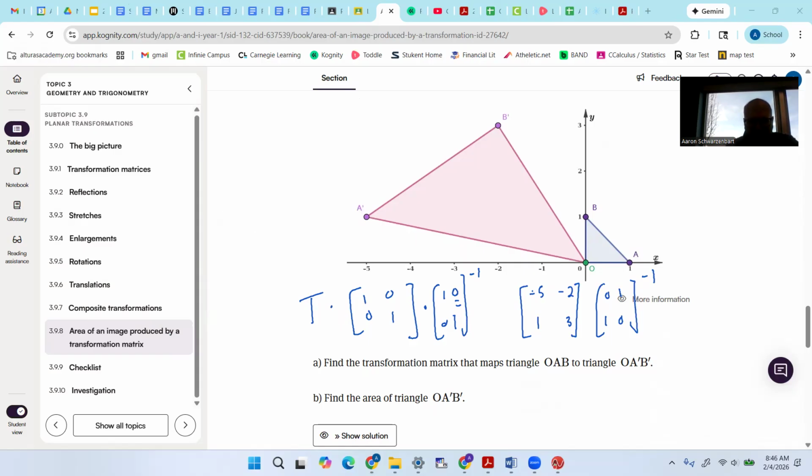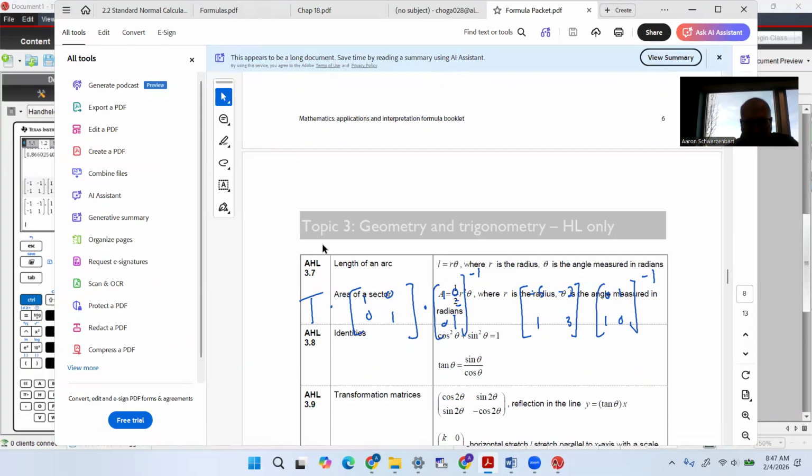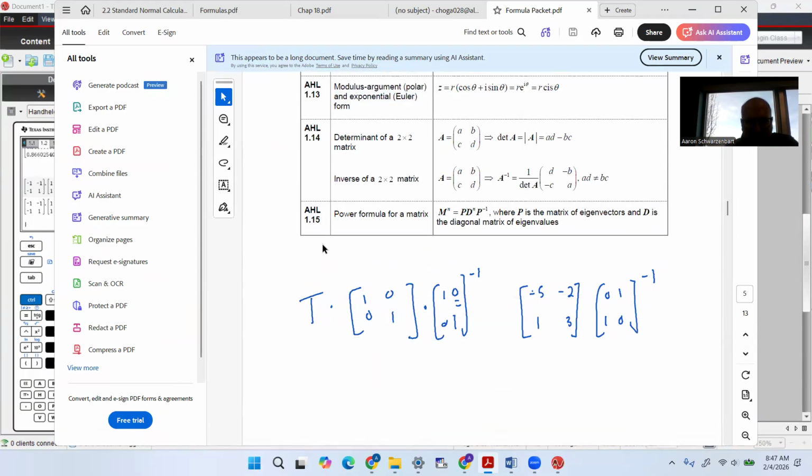So, inverse. Switch A and D, negate B and C, and divide by the determinant. I think if you look in your formula packet, that is in the one section.